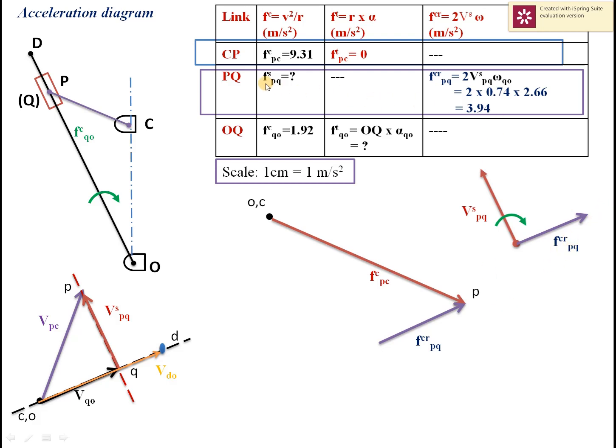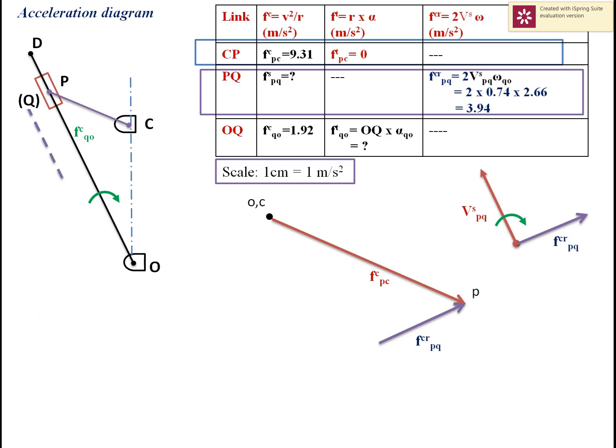To this we will add the sliding acceleration of P relative to Q, whose magnitude is unknown, but we know that the direction of FSPQ is parallel to the line of stroke of piston P, which is parallel to the length of the link on which the slider P is sliding. So the direction of FSPQ is parallel to link OQ, and we know that this vector must pass through points Q and P. Out of these 2 points, we have point P with us, but at P we have placed the FCR.